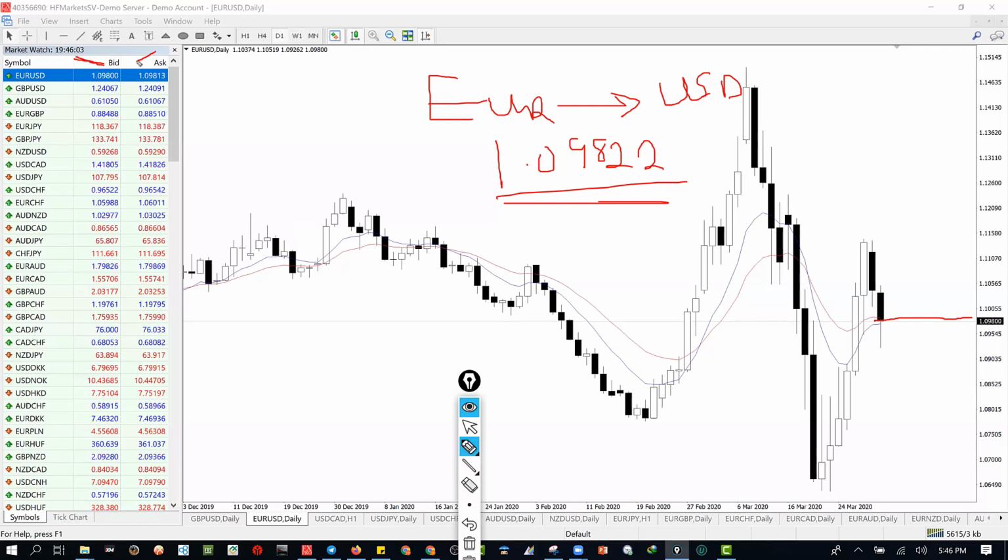So whenever you subtract your bidding price from your asking price, what do you think you're going to get? You get a difference between the bidding and the asking price. So what is it called?